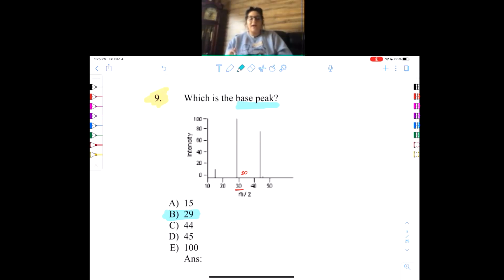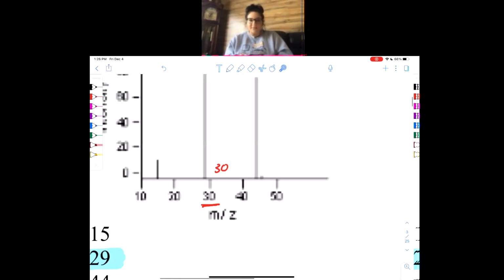So what if I asked you, where is the M+ peak found? Exactly, approximately 44, 45. You can't tell specifically because it's just in the middle there, but this would be our M+. And so what is this tiny little nub thing right next to it?